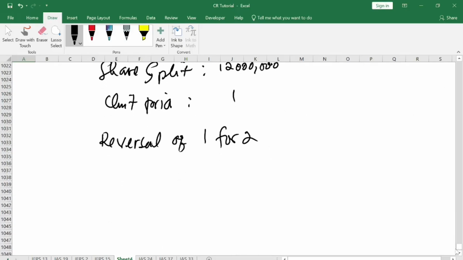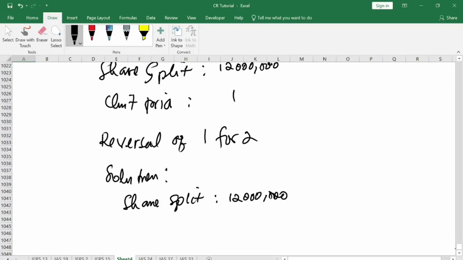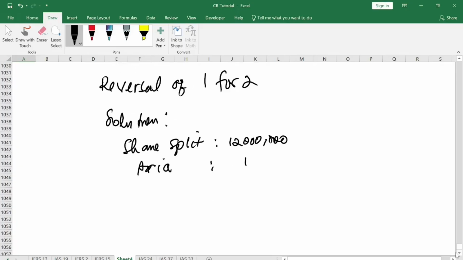All right. So once you have it, how do you reverse it? You have your shares that were split, which was 1,200,000, and the price was 1. When you are reversing it, you multiply by 1 for 2, that will be 1 over 2. Then you multiply the price by the inverse, which is 2 over 1.